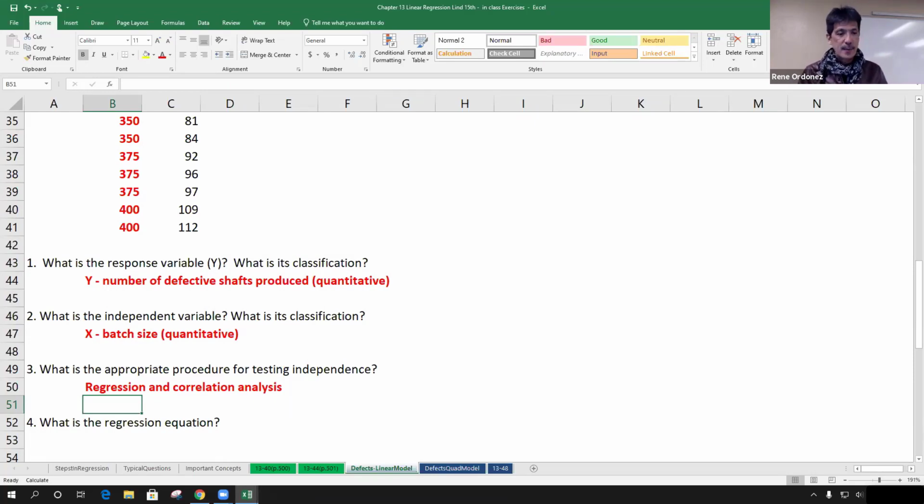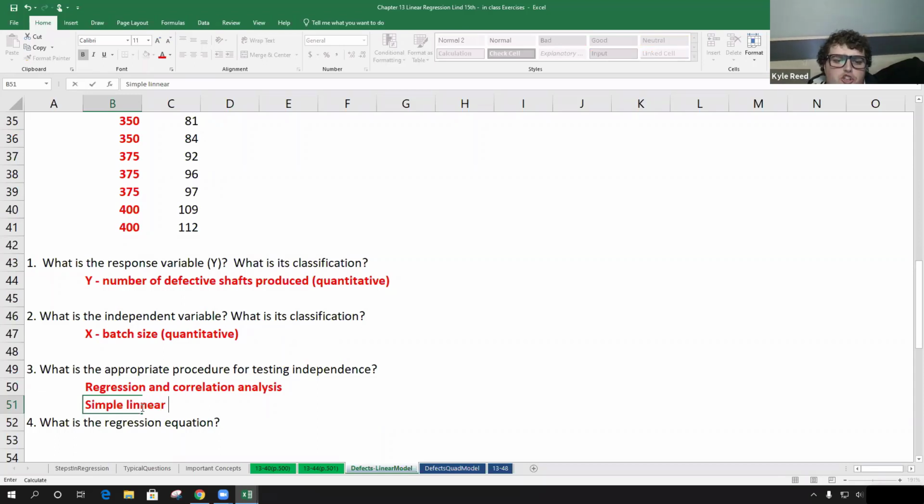And what is the difference between the two? It'd be simple. Why simple, Kyle? Because there's only one. There should only be one response variable, or one x.